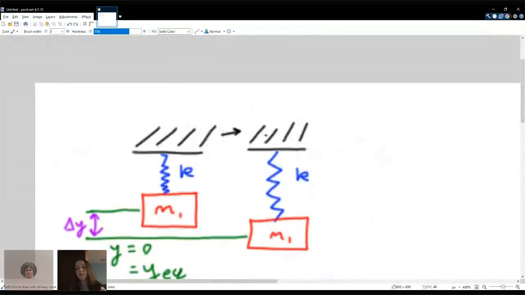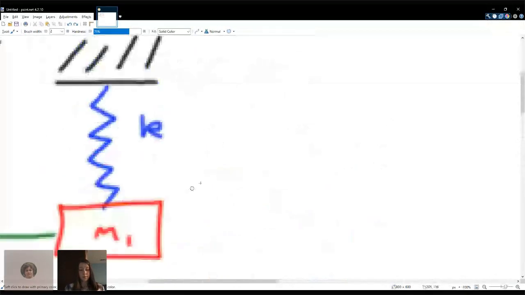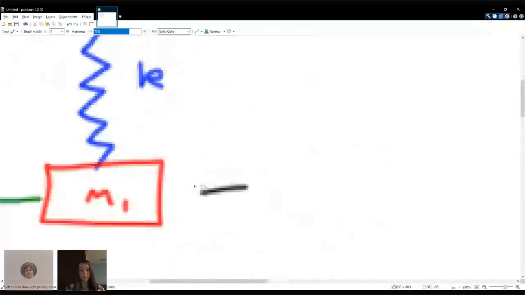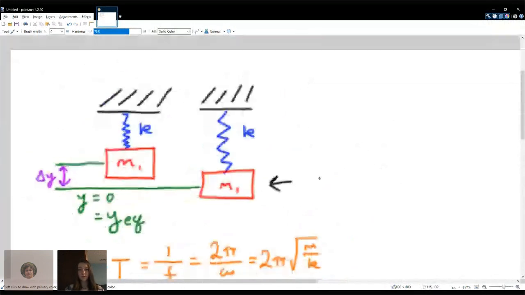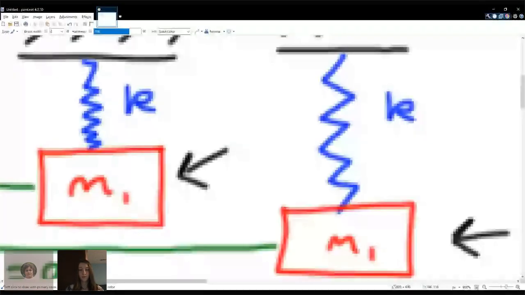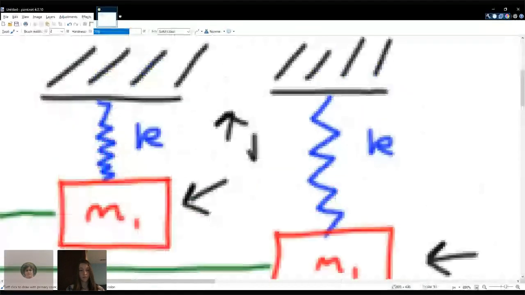So what you have here is this mass-spring system in equilibrium, so it's not moving. And then you push it some distance delta y. Once you push it that distance, it's going to come up and then come down, and then come up and then come down.